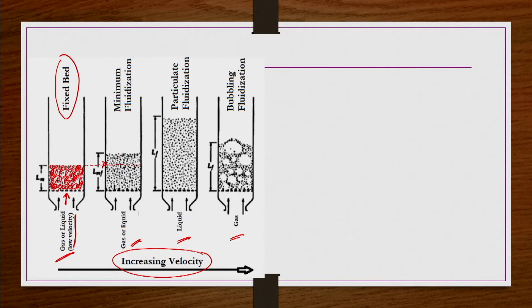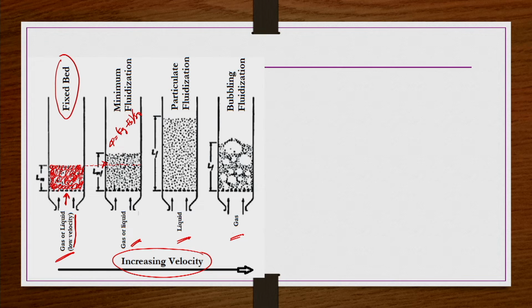And it keeps increasing gradually up to a certain point where the total drag, or the total resistance, is balanced by the buoyant weight of the bed. Under this condition the pressure drop equals Fg minus Fb divided by the cross-section area of the bed, right. Until that point the bed would look slightly like this.